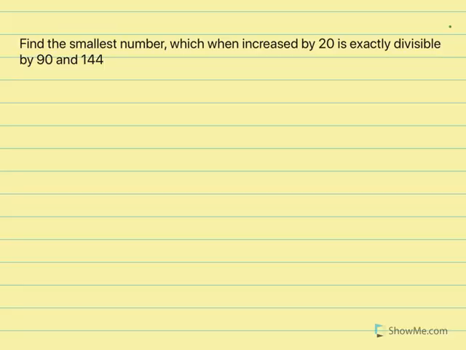Find the smallest number which when increased by 20 is exactly divisible by 90 and 144. So the number has to be divisible by 90, and also divisible by 144. You'll definitely agree that it has to be a multiple, but it has to be increased by 20.